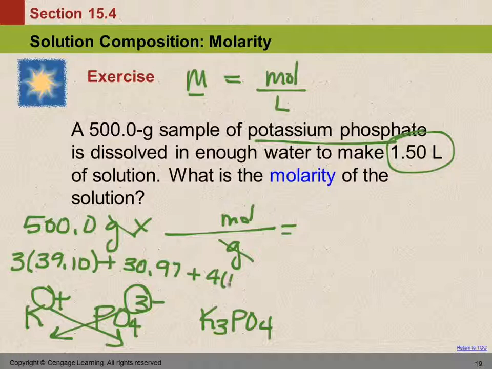So we have 4 times the mass of oxygen. And we put that all together: 3 times 39.10 plus 30.97 plus 4 times 16, 212.27.